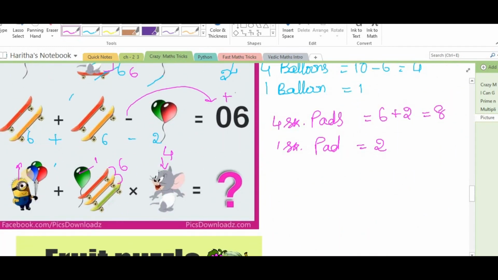Yes, 8. And now you just find out. So this all combinedly, that is the reason this total value will be 7. So first we will do multiplication. 7 4s are 28. 28 plus 8, 36. So the answer is 36.